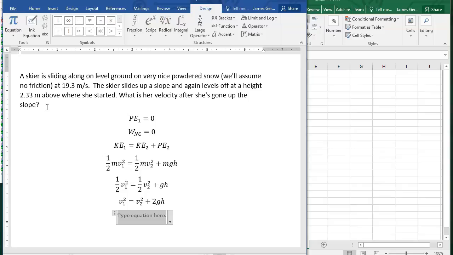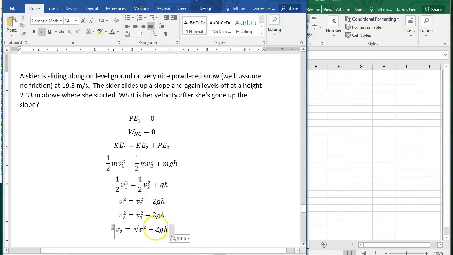Now subtract the 2gh and reverse things around. So I got v2 squared is v1 squared minus 2gh, and v2 then is the square root of, I'm going to get lazy and copy that, I need parentheses. There we go. So v2 is the square root of v1 squared minus 2gh.